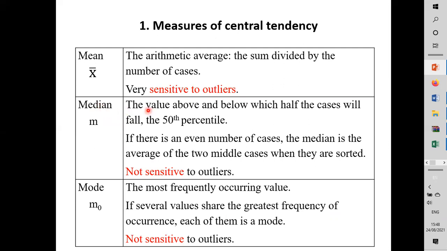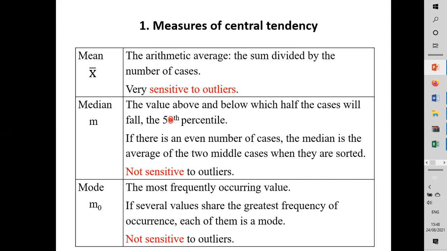For the median, arrange the data in ascending or descending order and take the center, the 50th percentile. Supposing there are 100 data points, take the center, which means at least 50% are more than that value.